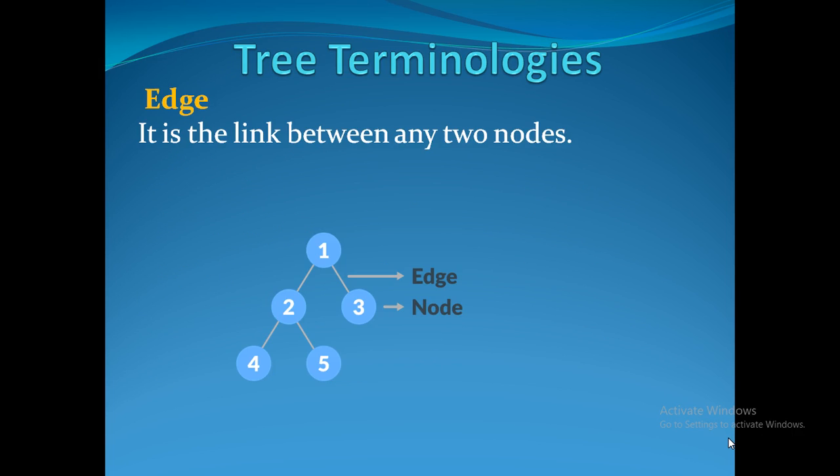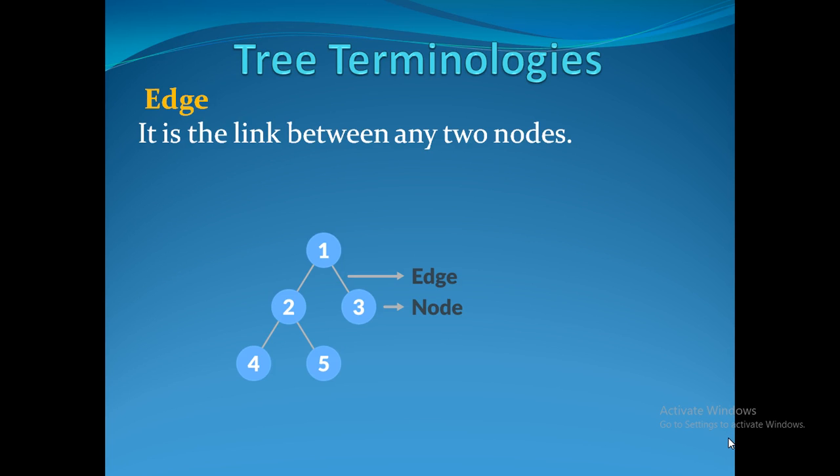For example, in this case, 1 is the root node, 2 is the internal node, and 3, 4, 5 are the leaf nodes. Which one is the longest leaf from 1? Here 4 and 5 are, because we count the number of edges from the root node to the longest leaf.